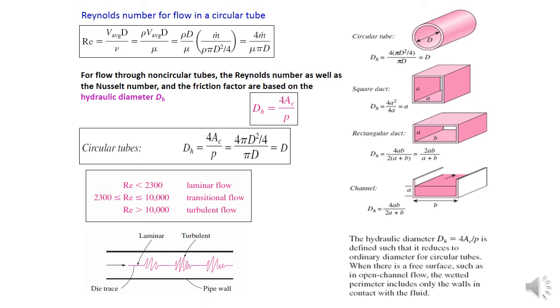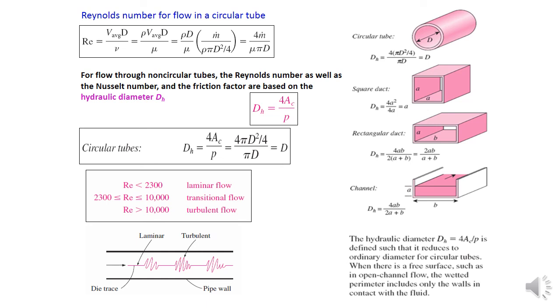And as you can see on the right-hand side, we have a few types of non-circular tube: square duct, rectangular duct, and channel. And we have these parameters A and B, so you can calculate the hydraulic diameter.